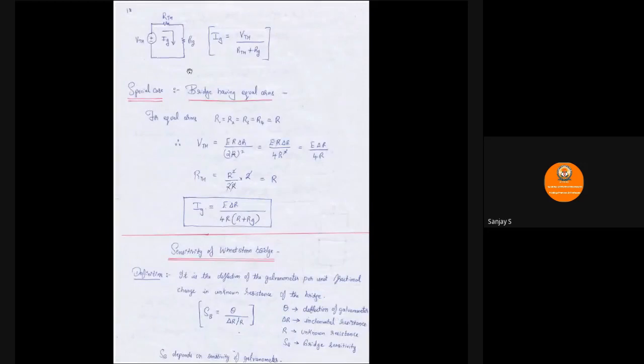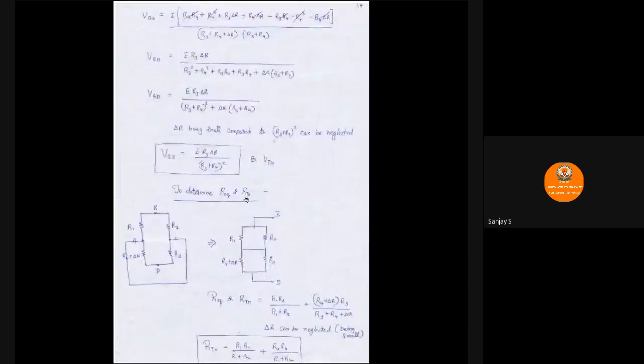Now let us consider a special case where the bridge has equal arms. This ends the derivation: whenever the bridge is in unbalanced condition, the current flowing through the galvanometer is VTH by RTH plus RG, where we had the expressions for VTH and RTH.